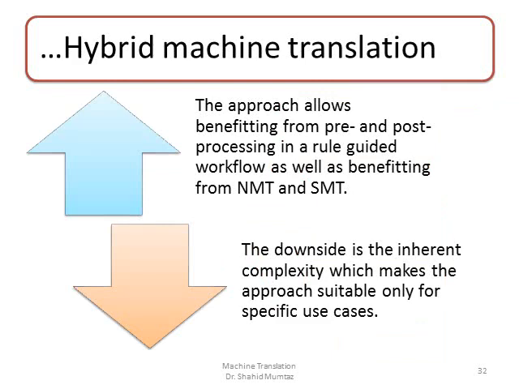The hybrid approach allows benefiting from pre and post processing in a rule guided workflow, as well as benefiting from neural machine translation and statistical machine translation. The downside is the inherent complexity, which makes the approach suitable only for specific use cases.